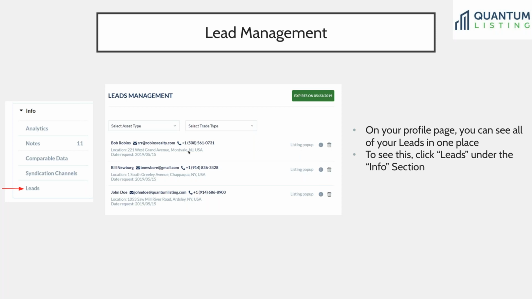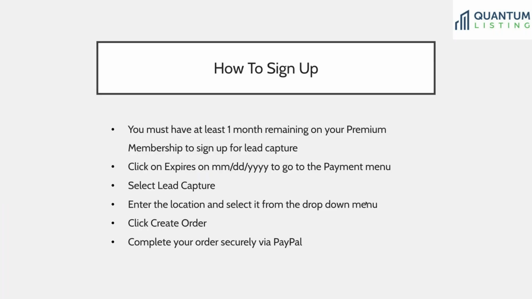It says what location it was, which listing, and when that particular request was made, and it gives you the email and phone number there. If you click on the info here, it will have additional parameters that they have filled out, such as the size that they're looking for and any additional information. And then to get rid of that lead after you've closed that deal, you can just click that garbage can there if you want.